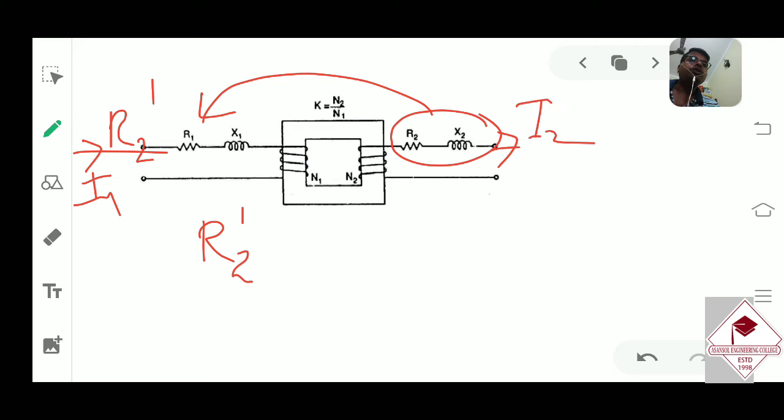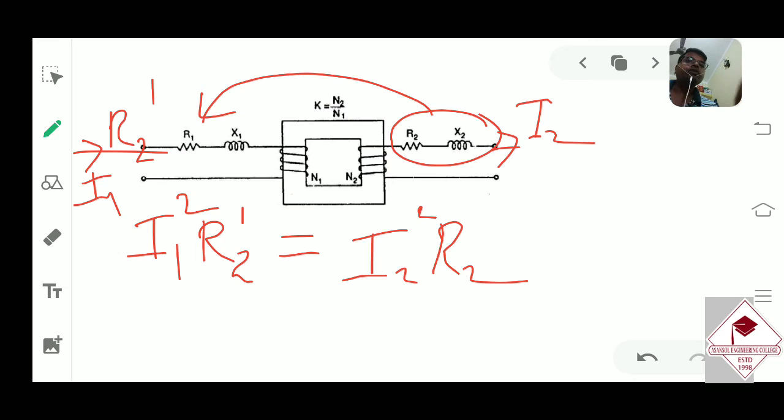Now from the same concept, what will be the copper loss in the primary side? It will be I1 square R2 dash. And the copper loss in the secondary side will be I2 square R2, since this resistance is available in the secondary side. These should be equal.